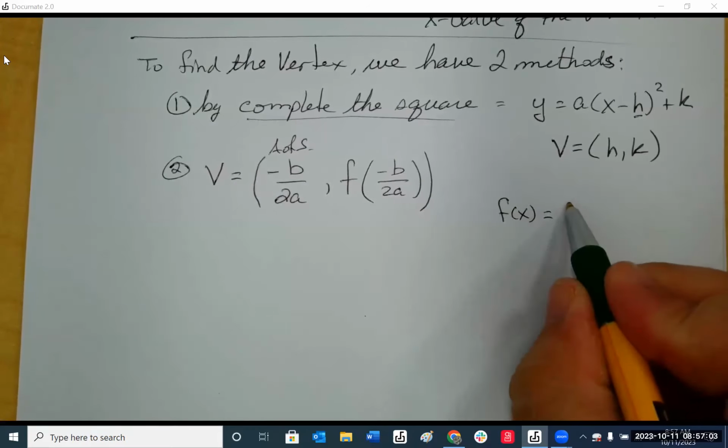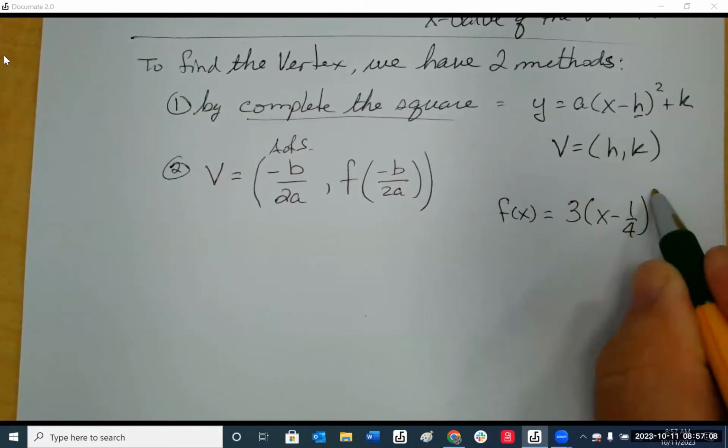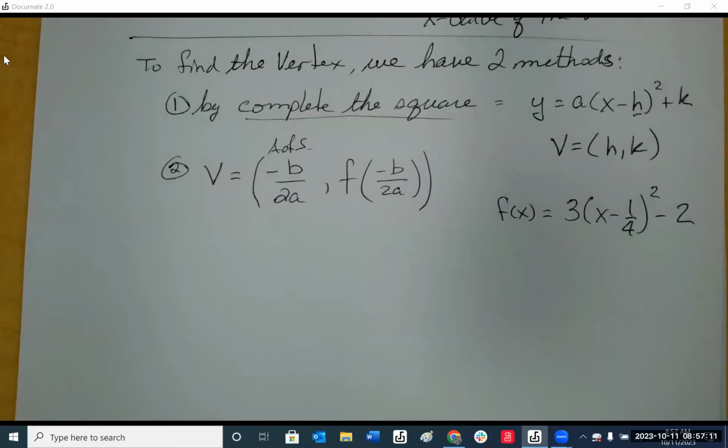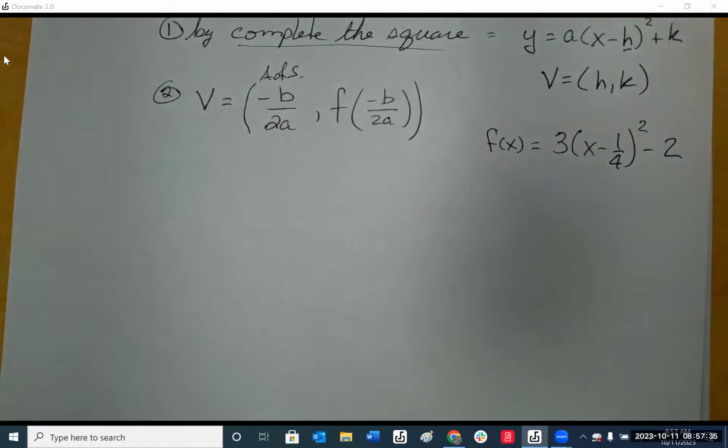Find the vertex and tell me whether it's a maximum or a minimum. Remember what the equation looks like?